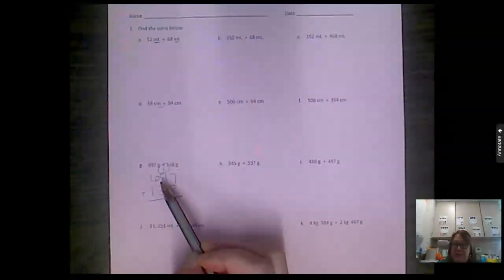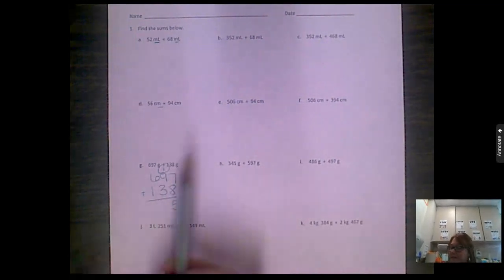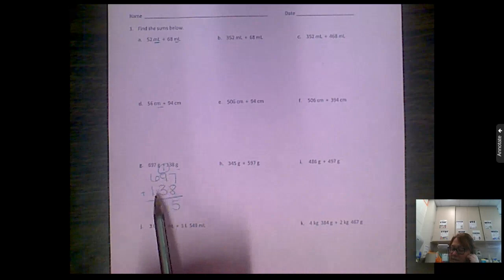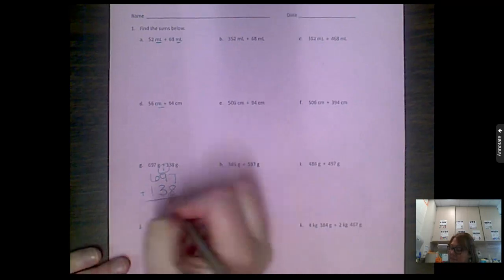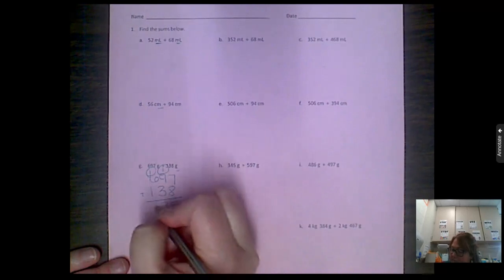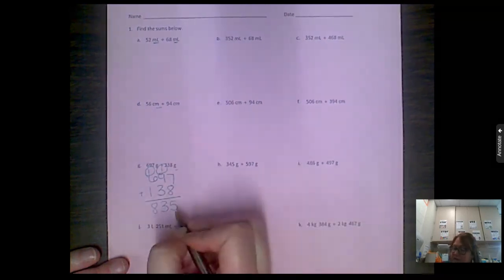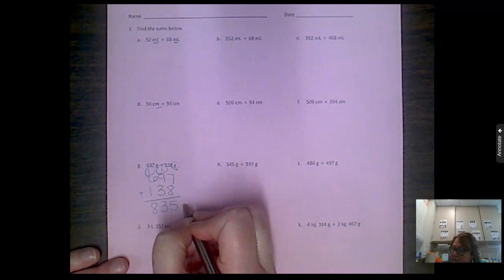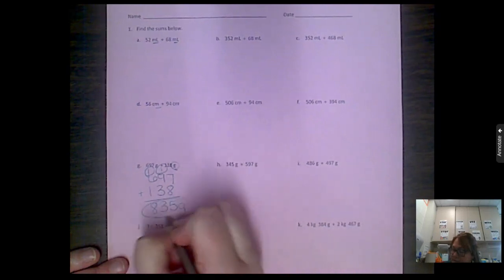All right. So in here I'm going to go 9 plus 1 first because that gives me a 10. So it's always good to look for 10s. So 9 plus 1 is 10, plus 3 more is 13. So 3, carry the 1. And then we have 6, 7, 8. So 835, and our unit of measurement there is grams. And then we'll go ahead and circle it.